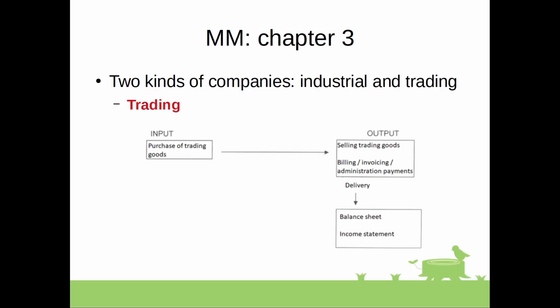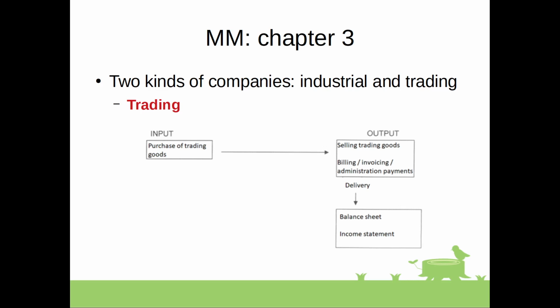Now, we're still dealing with the introduction over here, and we have two main kinds of companies, the industrial one and the trading company. A trading company will simply buy goods and resell them for a different price. Maybe they will do something with it, but not that much.